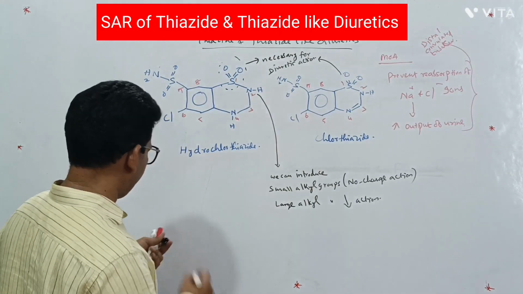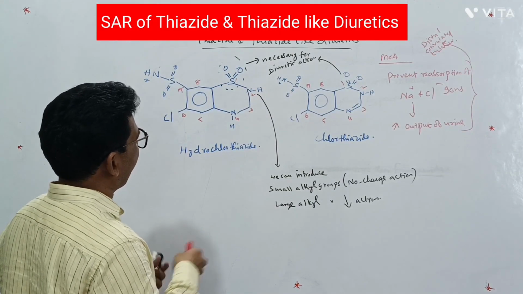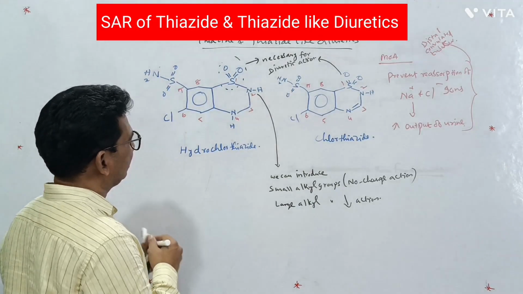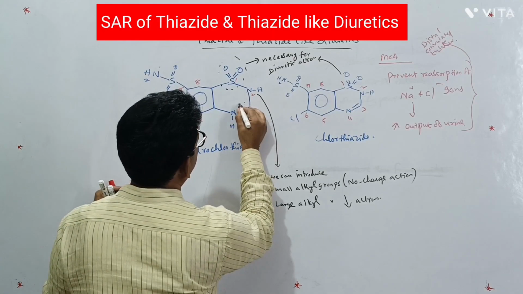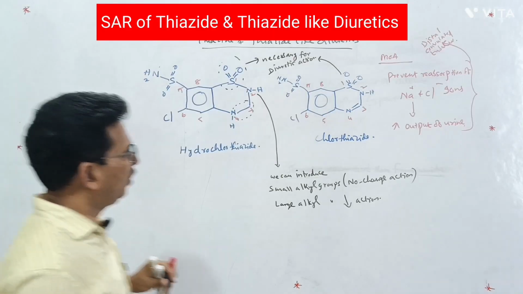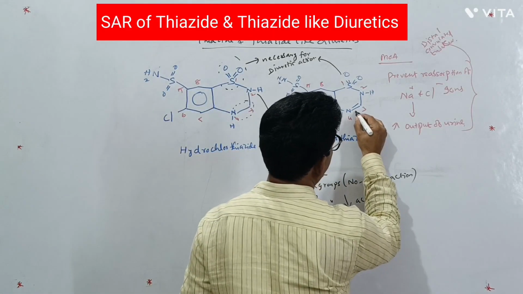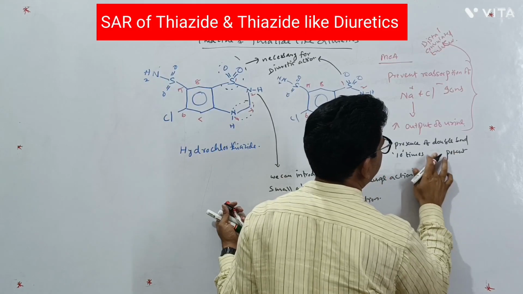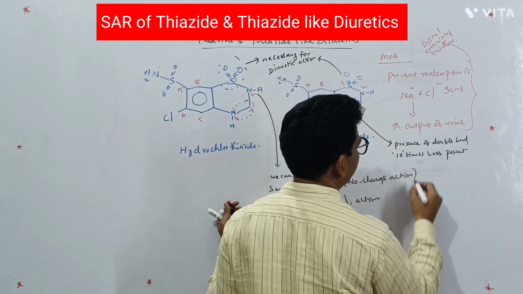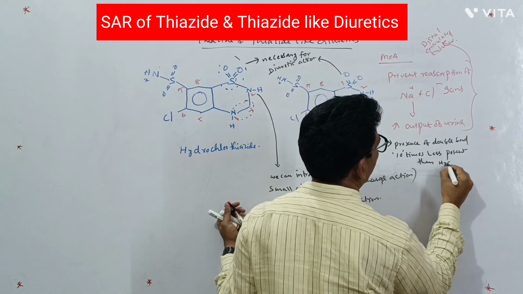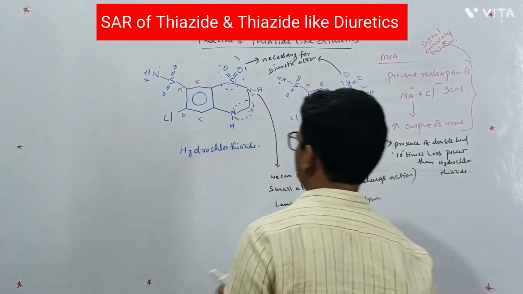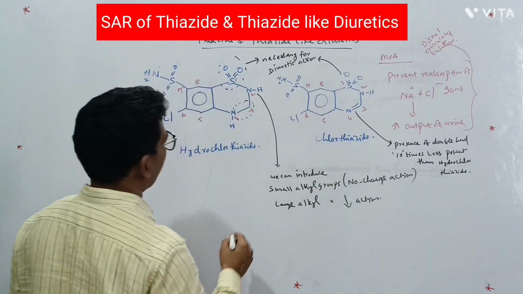Now see in between the third and fourth position. Here chlorothiazide is 10 times less potent than hydrochlorothiazide. It means there is no double bond.